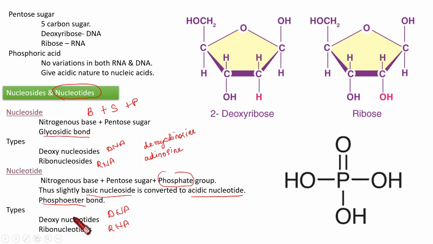So the example of a deoxynucleotide is deoxyadenosine monophosphate. In what way can we write it? Deoxyadenosine, this much forms the nucleoside. Then monophosphate.